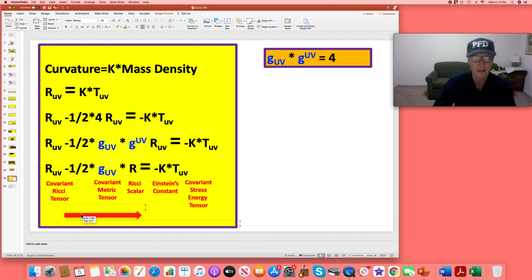I call it covariant because it's got UV on the bottom. And G subscript UV is the covariant metric tensor, okay? And R, remember, takes the directionality out of it so it becomes a scalar. They call that the Ricci scalar. And minus a half was necessary for the reasons we just went through.